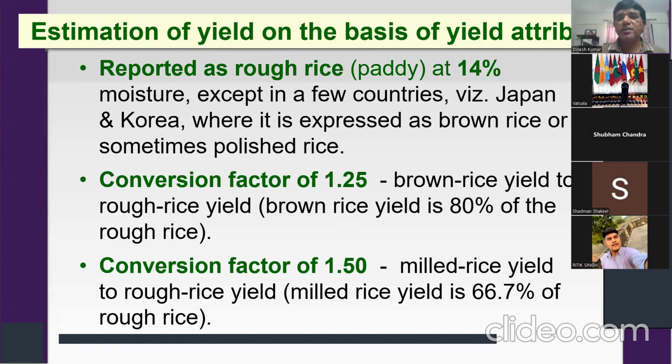In some countries like Japan and Korea, it is reported as brown rice or sometimes polished rice. So in some countries yield is reported as rough rice at 14% moisture, in some as brown rice, and in many countries as polished rice.